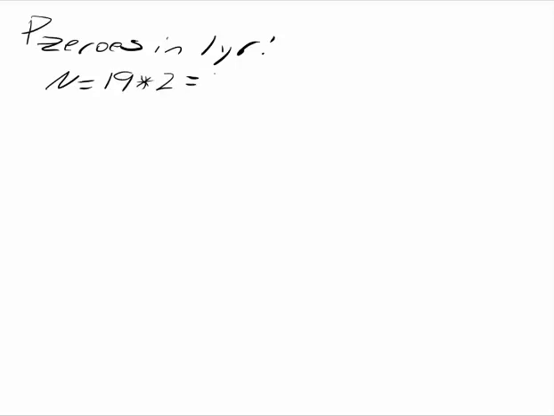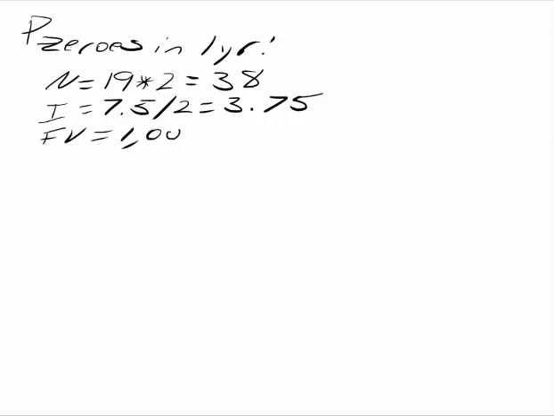Interest compounds semi-annually, so we'll have 38 periods until maturity. Everything else is going to be the same. Our interest rate is still going to be 7.5% over 2, which gives us 3.75. The future value is still going to be 1,000. Payments will still be 0.